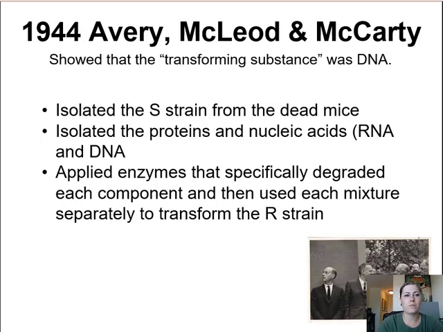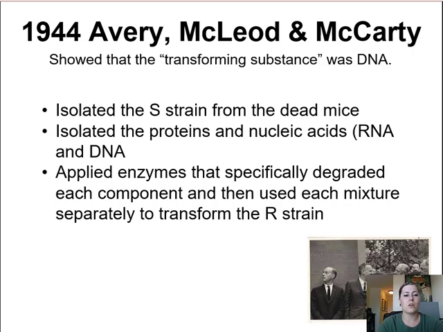A little bit later on, in 1944, Avery, McLeod, and McCarty did another experiment using this transforming substance and discovered that it was indeed DNA. So what they did was they isolated the S strain from the dead mice.